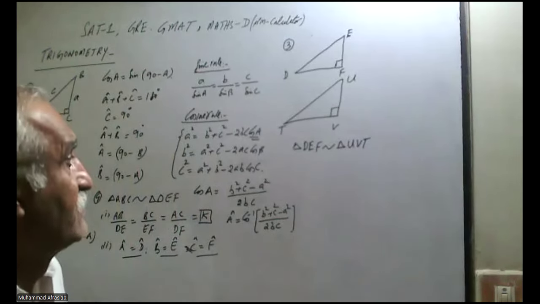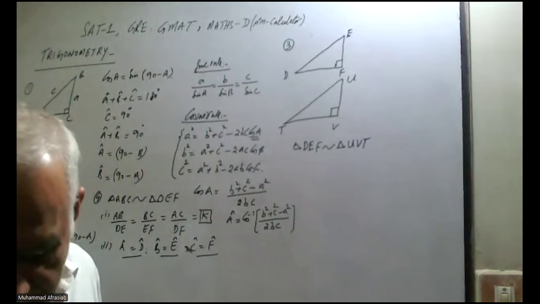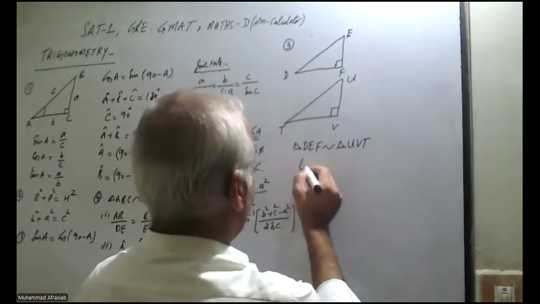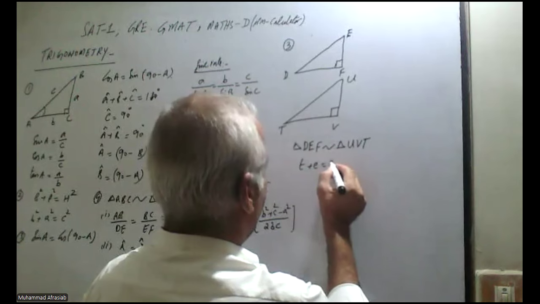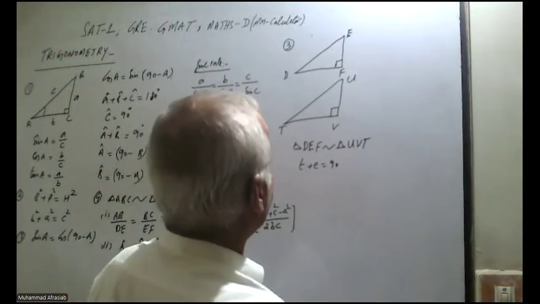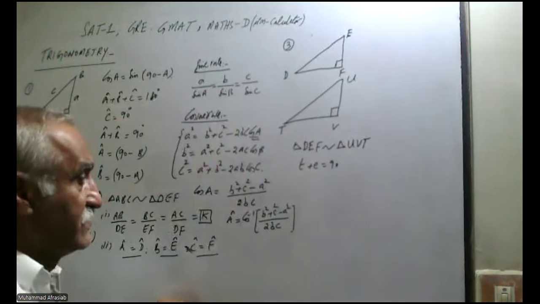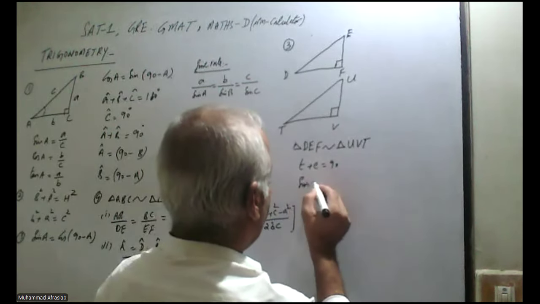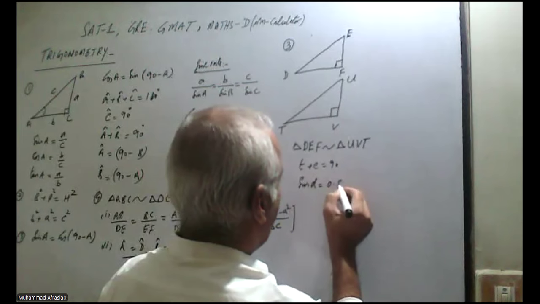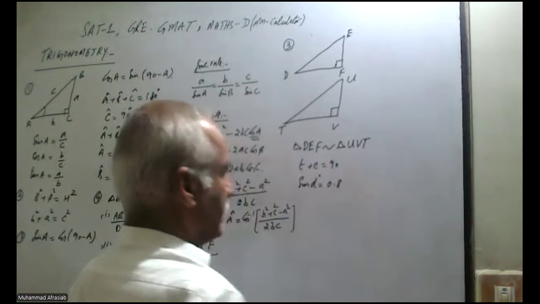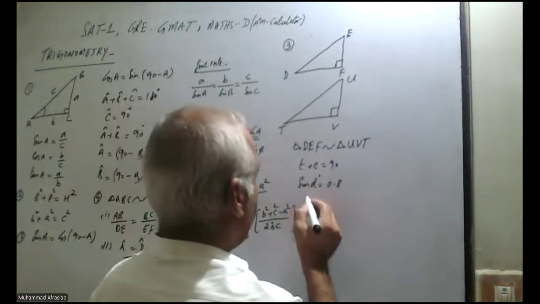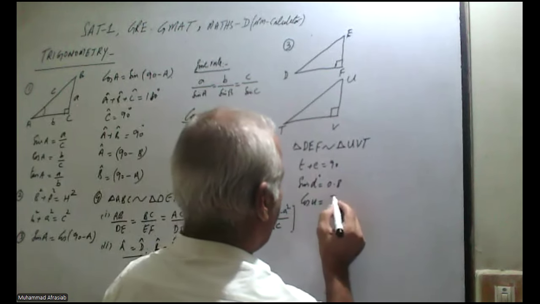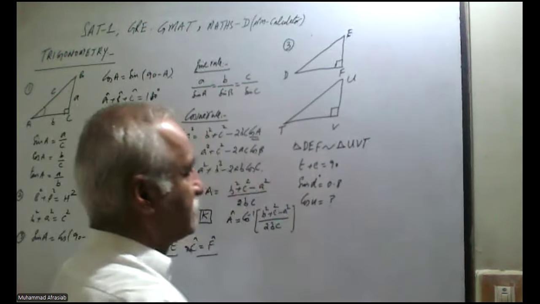Now they said that T plus E is equal to 90. This is information given to us. And they said that sine of D is equal to 0.8. And you are going to find out cos of U for this part.